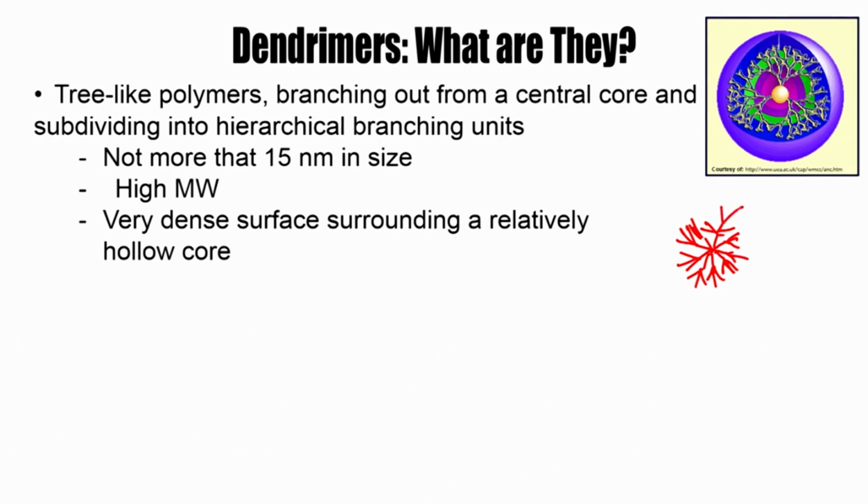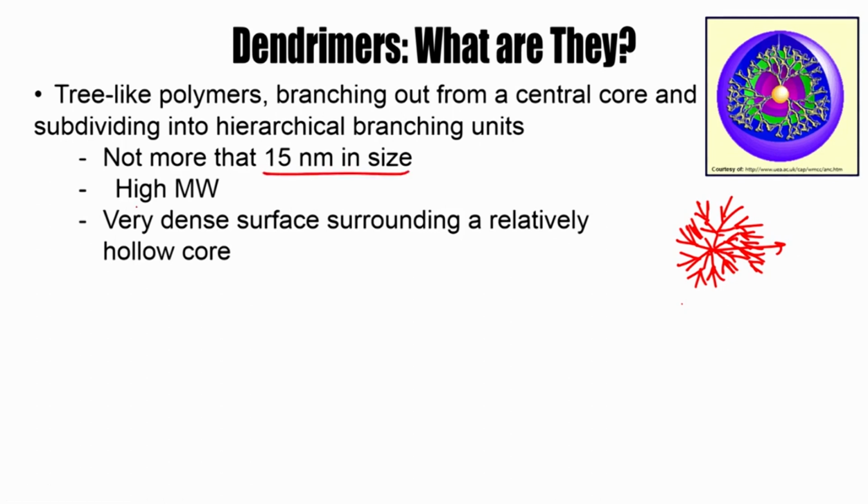And then similarly this can continue to go on. So, as you can see there is some sort of a order to this. The inner you go, the more space there is, whereas as you go out from the central core, there is more and more cross linking that is happening, and so that results in kind of a very dense network of these branches. And typically the dendrimers are not more than 15 nanometer in size.